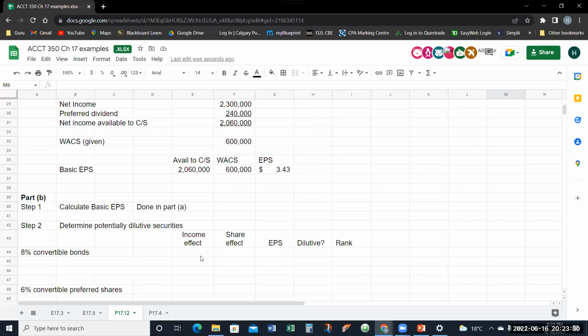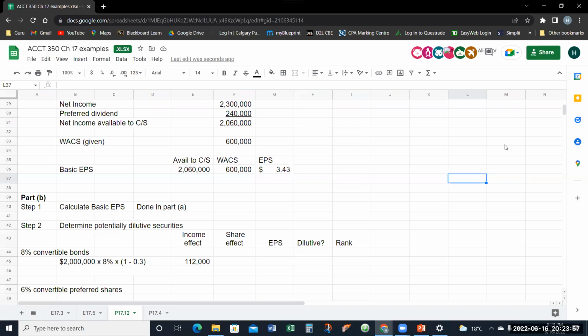So for the 8% convertible bonds, the income effect is 8% of 2 million times 1 minus the tax rate, which is 112,000.